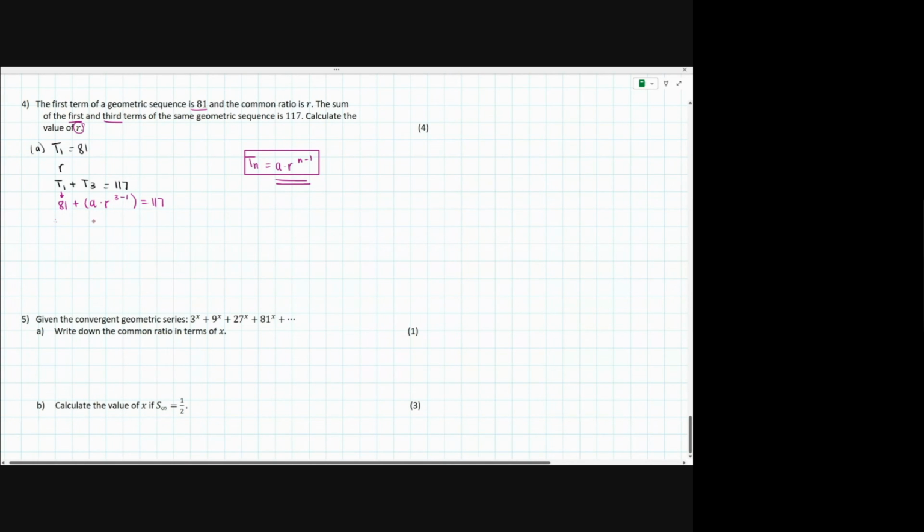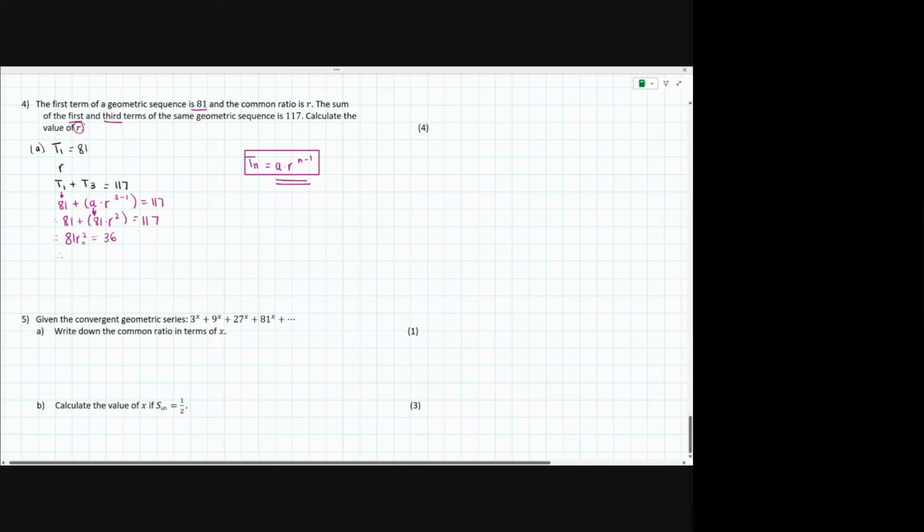So if I go ahead and do that, I get that 81 plus 81 times r squared equals 117. Remember, a is your first term, so that's why that's 81. If we subtract 81 on both sides, you get that 81 r squared is equal to 36.